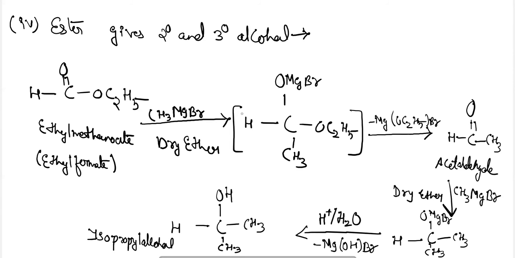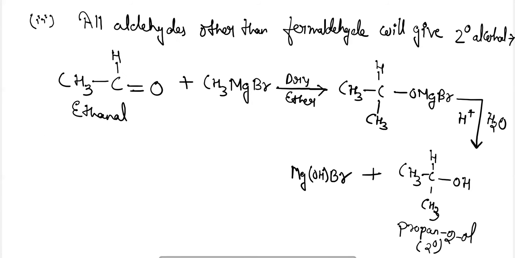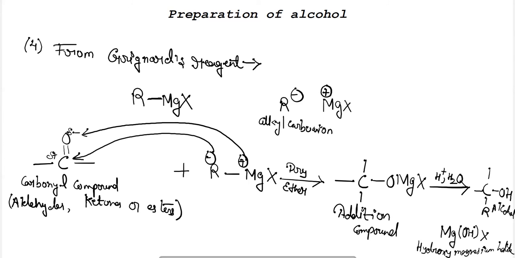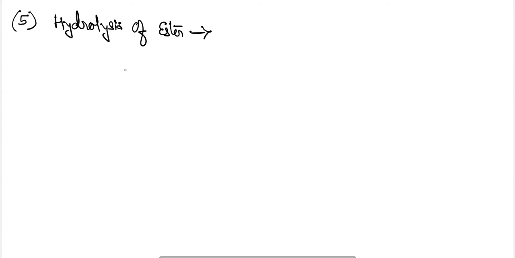Next, by hydrolysis of ester we can also produce alcohols. This is the next type of reaction, number 5, hydrolysis of esters.